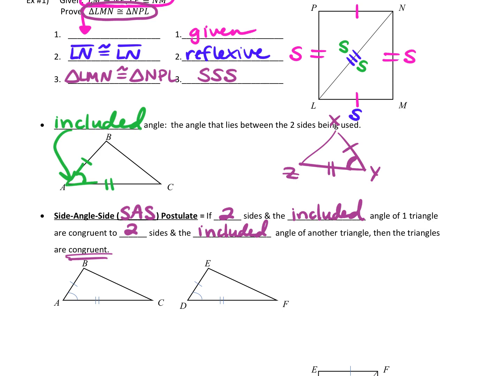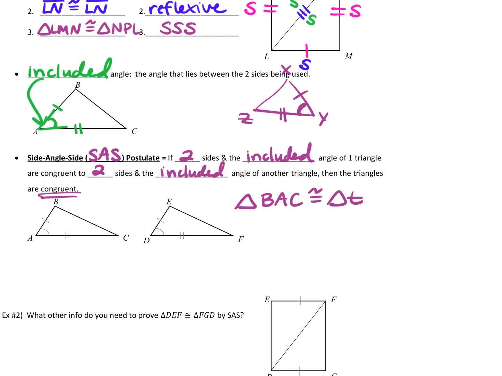So if you look at this picture, we could say triangle, if I say triangle BAC, what triangle is that congruent to? EDF. If I say BAC, then I have to name it EDF. Okay, so you have to match up the corresponding parts. EDF by what?